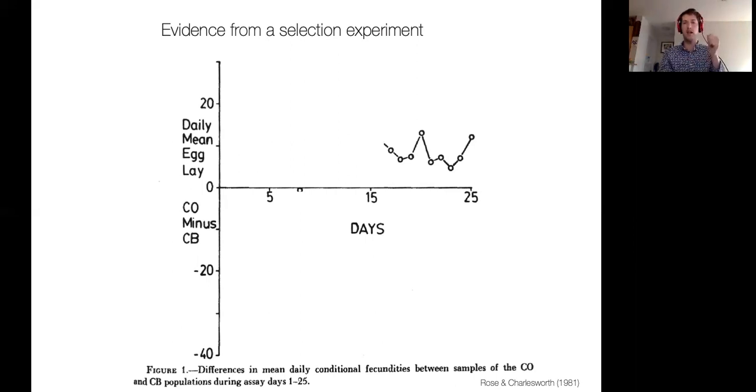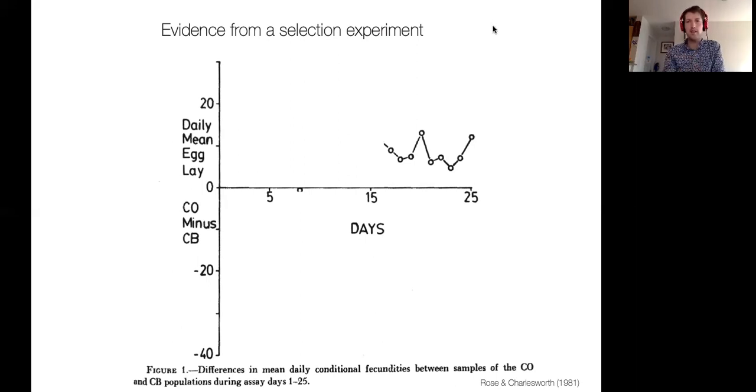So if the old line at a particular age lays more eggs than the B line, it'll be a positive value. And that's what we see for these older ages. These fruit flies that are 15 to 25 days old, the ones in the CO line lay more eggs than the ones in the CB line.